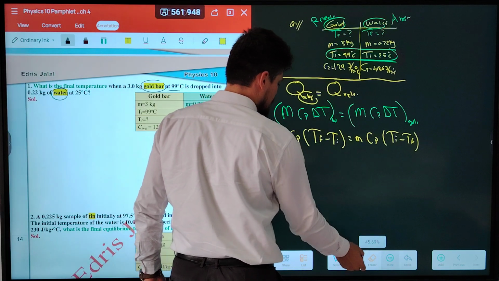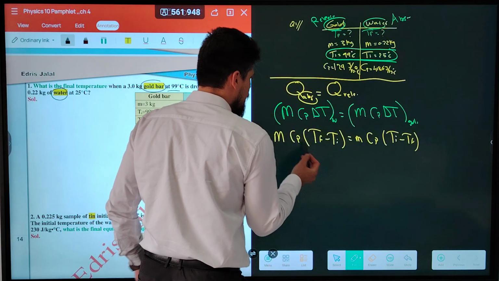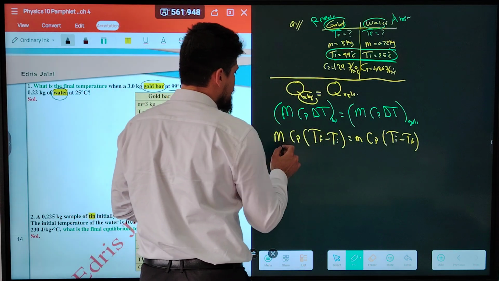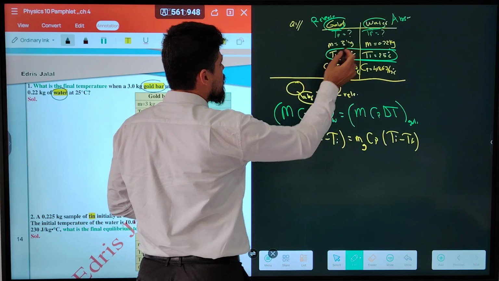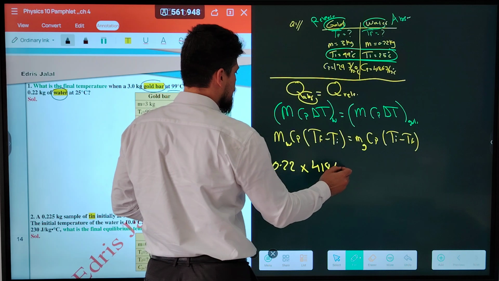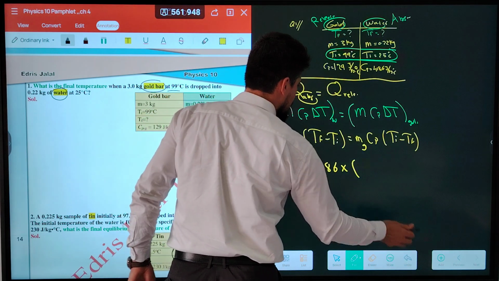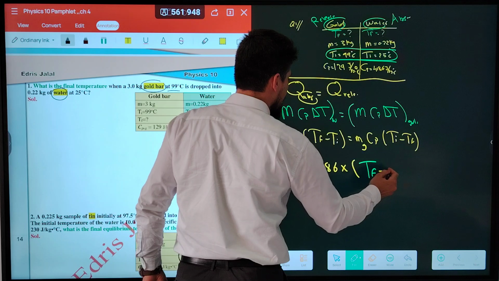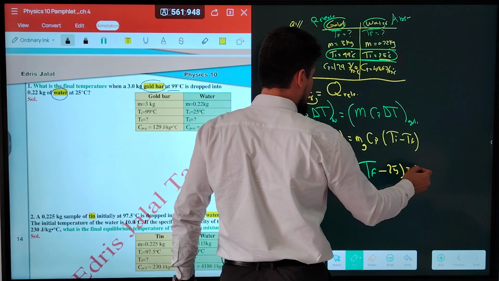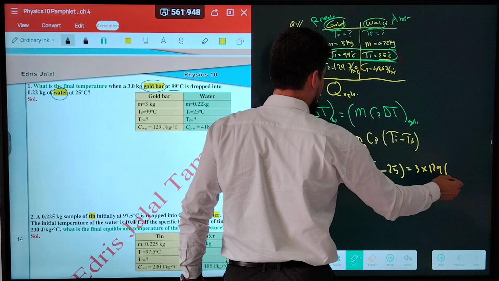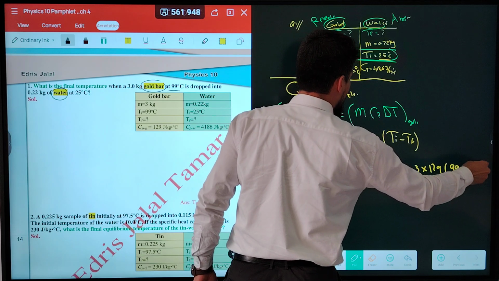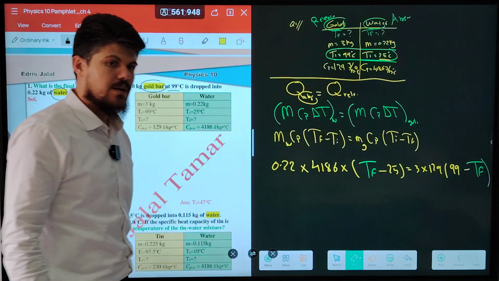Now replace the numbers. This one is water, and this one is the given values for the gold. Mass of water 0.22, Cp of water 4186, T final unknown, guys, minus T initial of water 25 is equal to mass of gold 3, Cp 129, T initial 99 minus T final, also unknown.